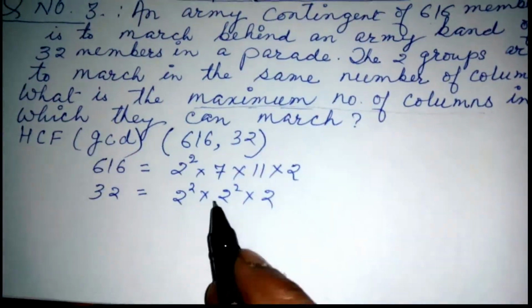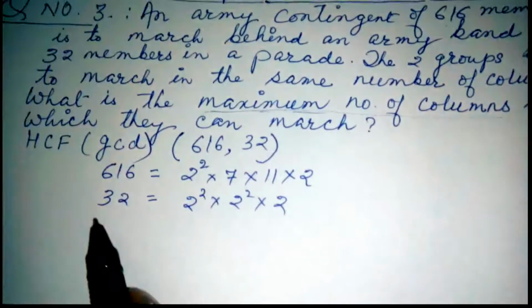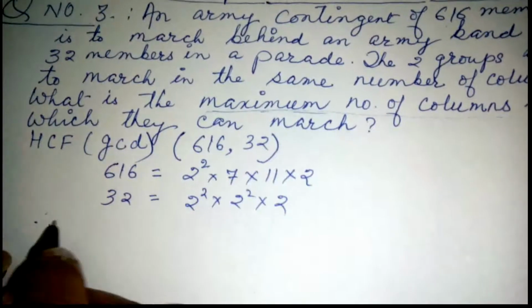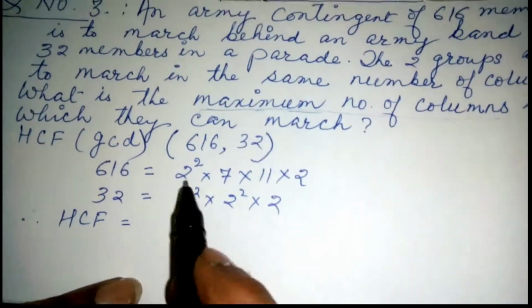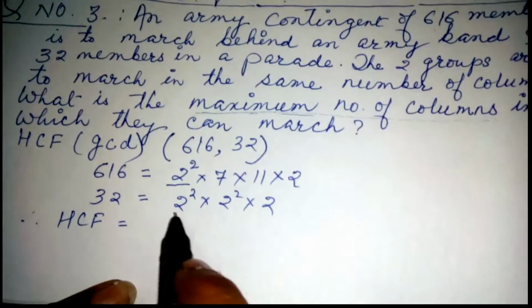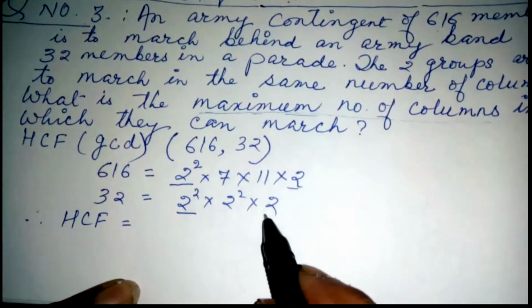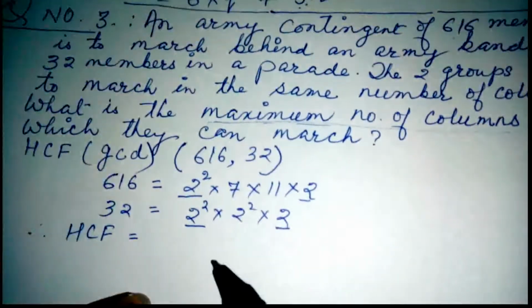That is 4 fours are 16, 2 twos are 32. In the same way, when you multiply, you will get 616. So the highest common factor will be the common factor: this 2 is common. There is no other figure common.